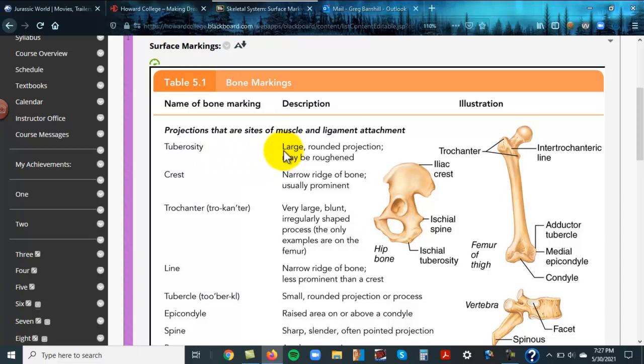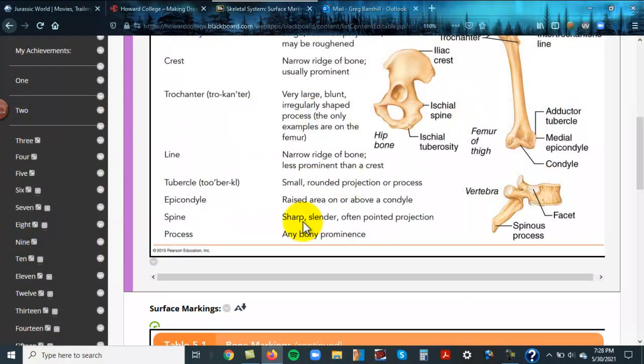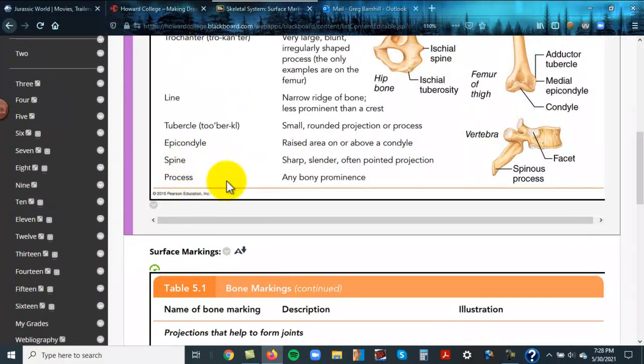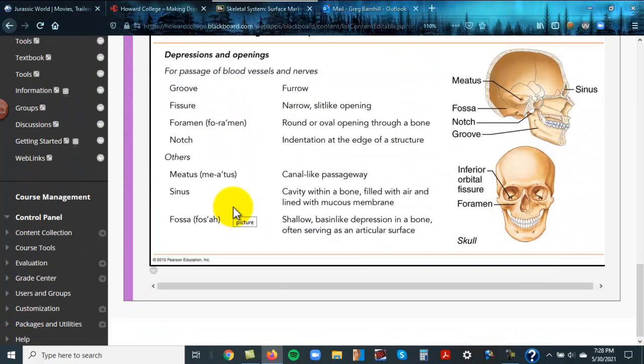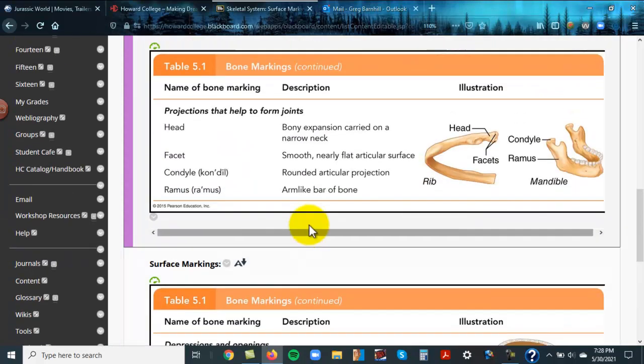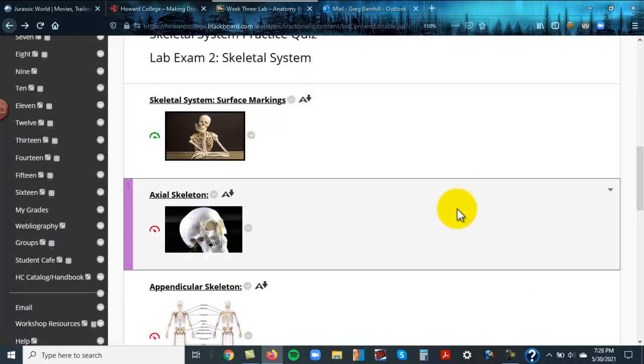I know it still says large there, but trochanters are on like the femur, and tuberosities are on like the humerus and other places. Anyway, there's a process, there's a facet, a condyle, a fissure, meatus. Anyway, they're very simple. Just look through them before you start studying.